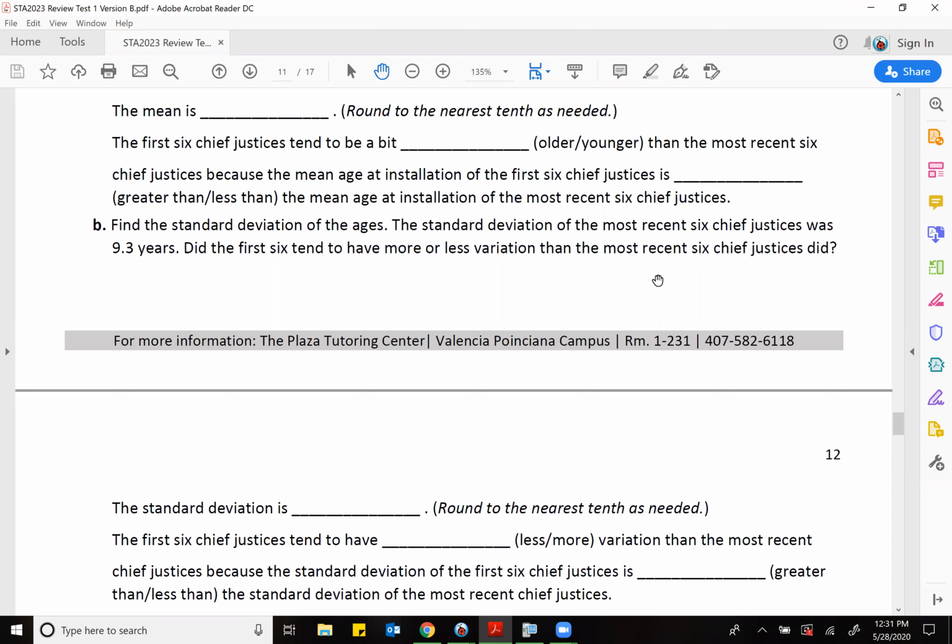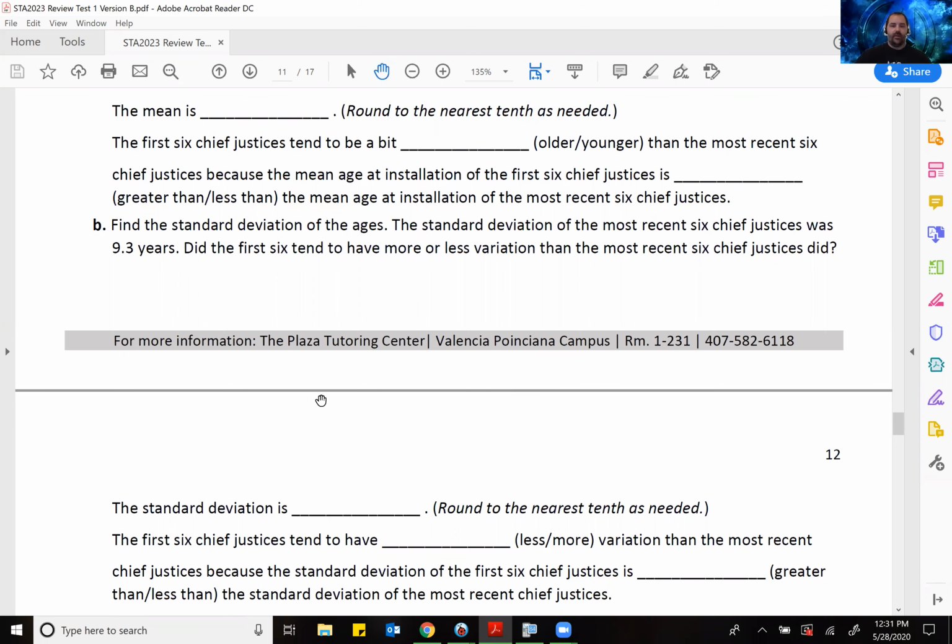Or in other words, another way to think about it is the smaller the standard deviation, the more your data is clumped closer together. The larger the standard deviation, the more your data is spread out. No clumping, but wide distances between each other. So that's another way to think about it. So part B is less.